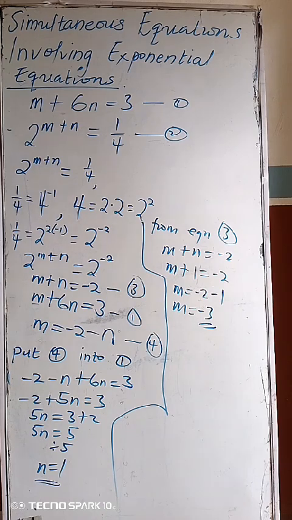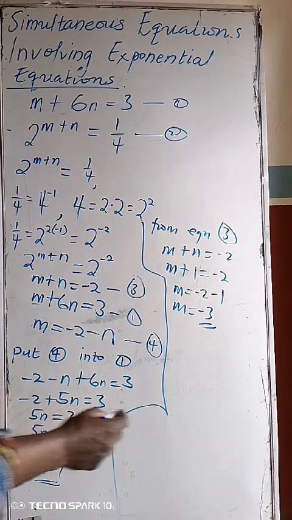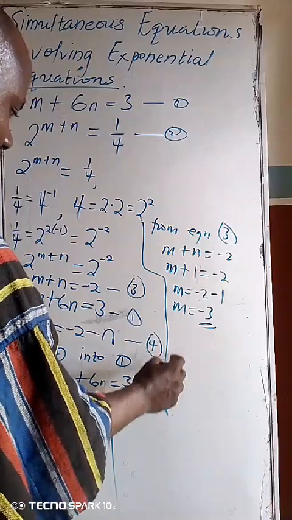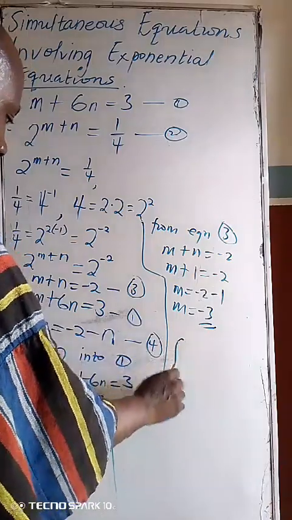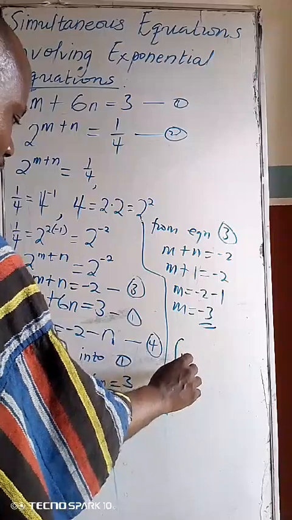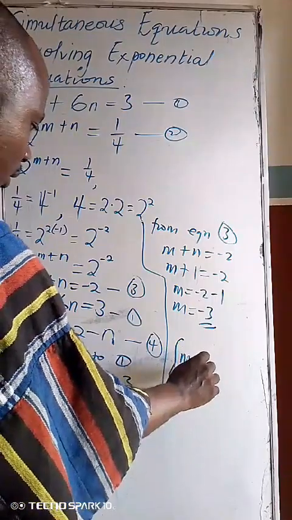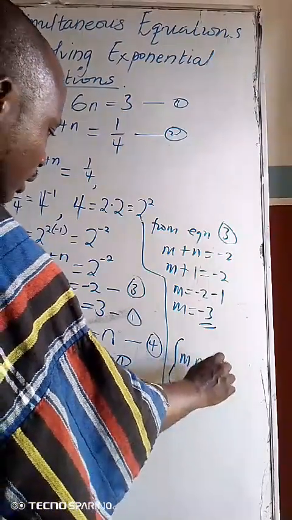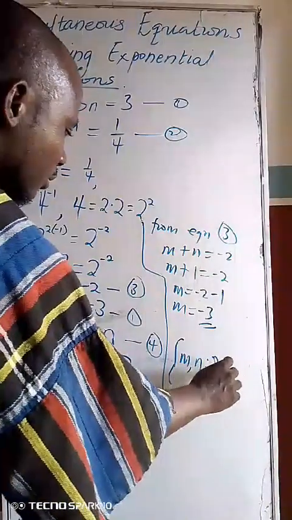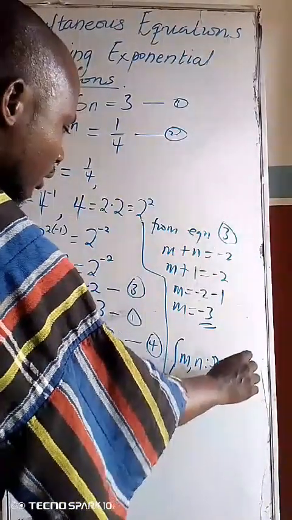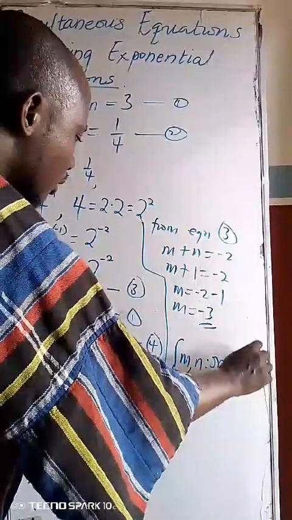So that is that. Now I know that my n is positive 1 and my m is negative 3. So we conclude by saying that m is equal to negative 3 and n is equal to 1.